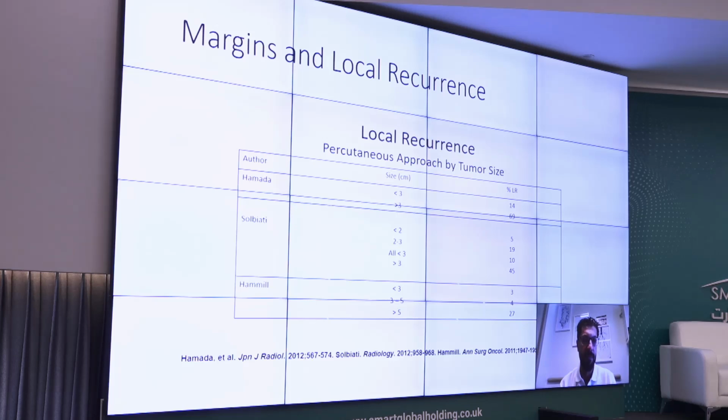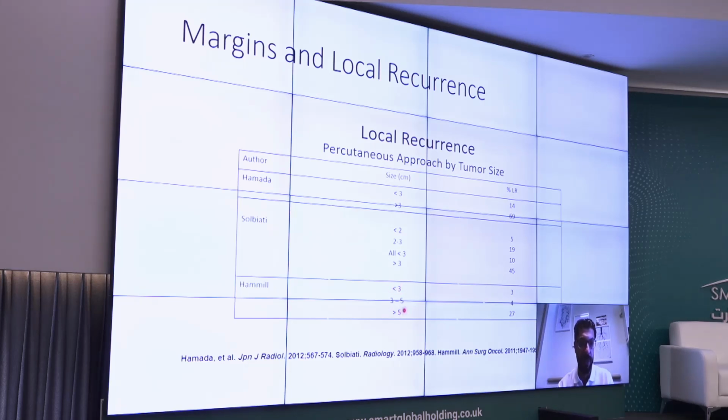As a general principle, local recurrence is very important in these cases. And these are the 3 studies by Hamada, Solbiati, and Hamel. They showed that local recurrence is directly related to the size of the tumor. So for example, if it's less than 3 centimeter, it had a 14% risk of local recurrence on follow-up in the 2012 study, while Hamel showed around 3%.